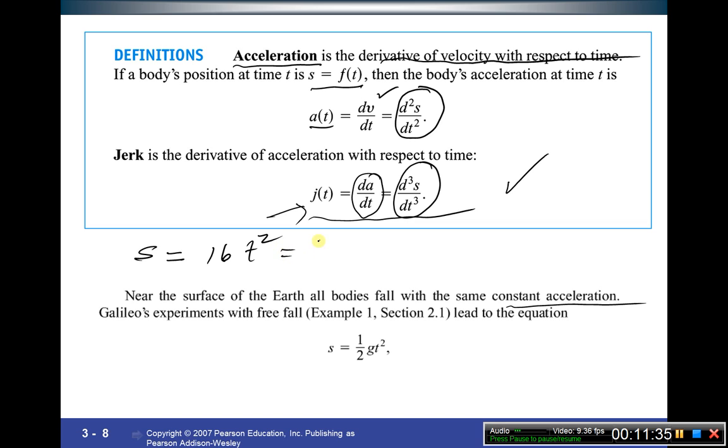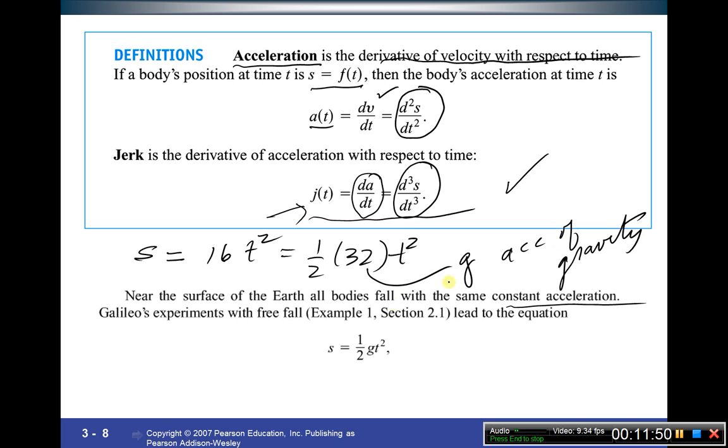That is just 1/2 times 32 times t squared, where g is the acceleration of gravity, and the 32 is 32 feet per second squared, and that is in English units.